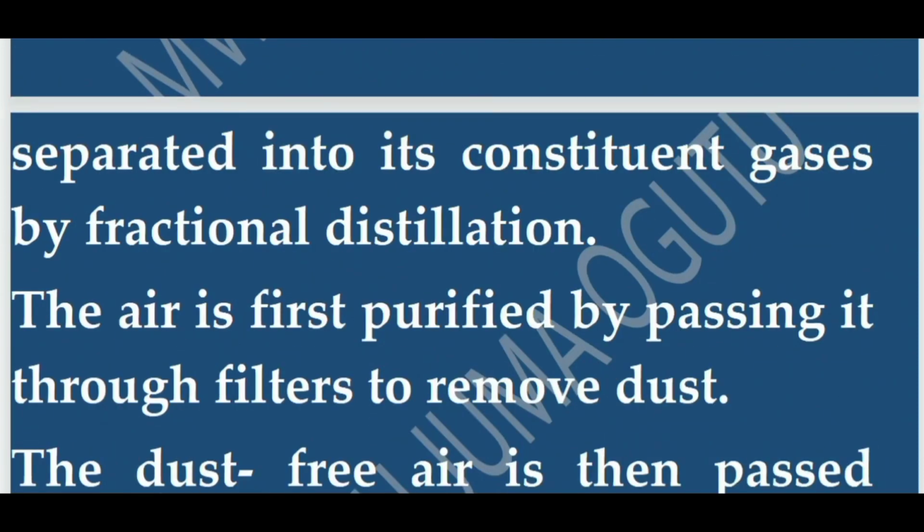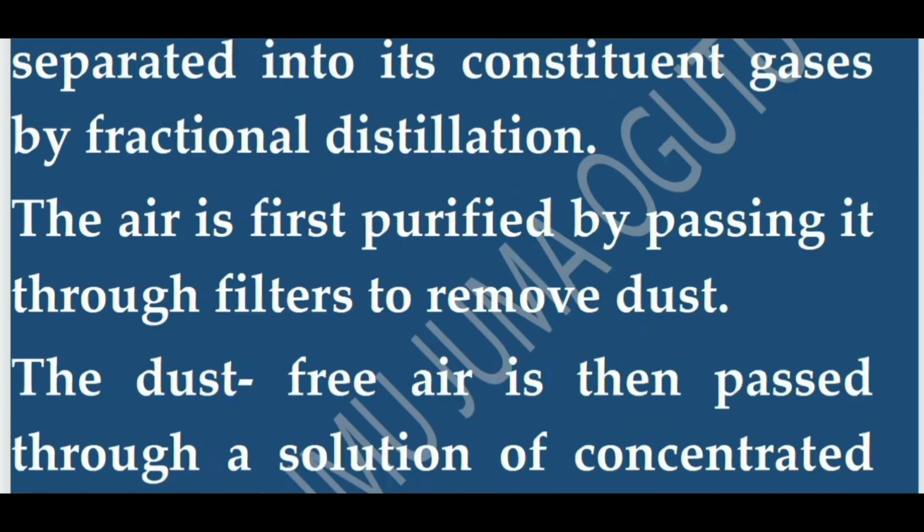So the air is first purified by passing it through filters to remove dust. Remember, air is a mixture and it also has dust. So we have to pass it through filters to remove dust.